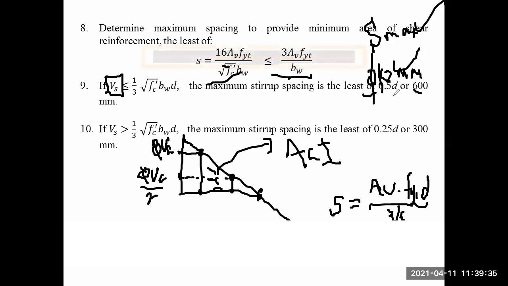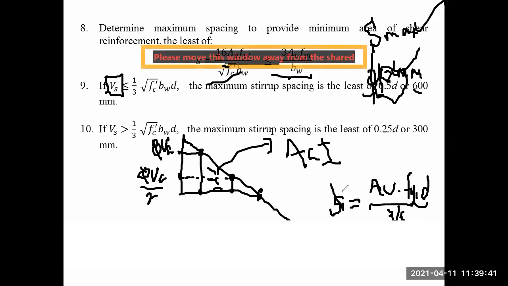So I choose one of them. Let's say 0.5, I choose the least out of them. So once I've got this, Vs is calculated, because I have chosen 10 millimeter. The phi is 10 millimeter. Fy is given in the question. So I can calculate this Vs.